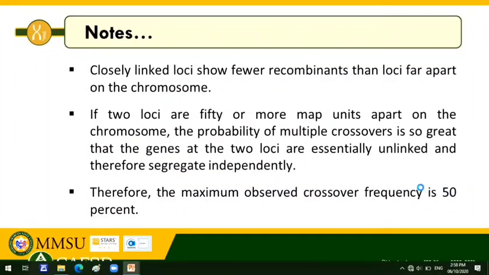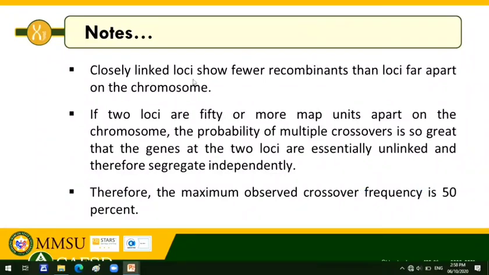So, it is important to note that closely linked loci show fewer recombinants than loci far apart on the chromosome. So, sinabi ko kanina na kapag ang genes ay mas malapit sa isa't isa sa isang chromosome, there is lesser chance of crossing over. Yun ang ibig sabihin ng unang bullet.